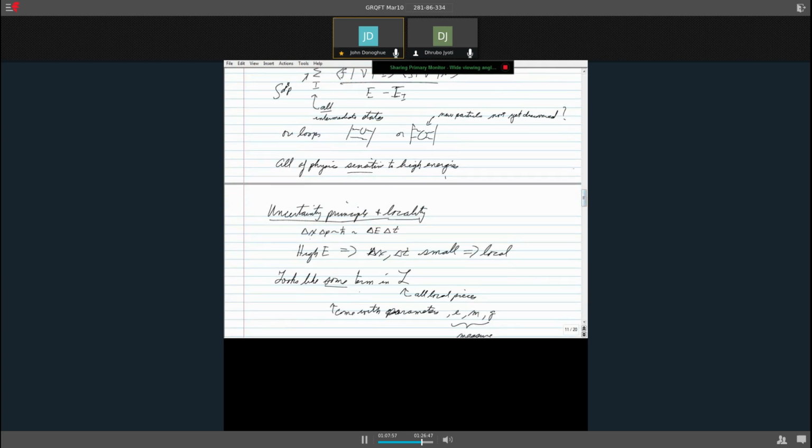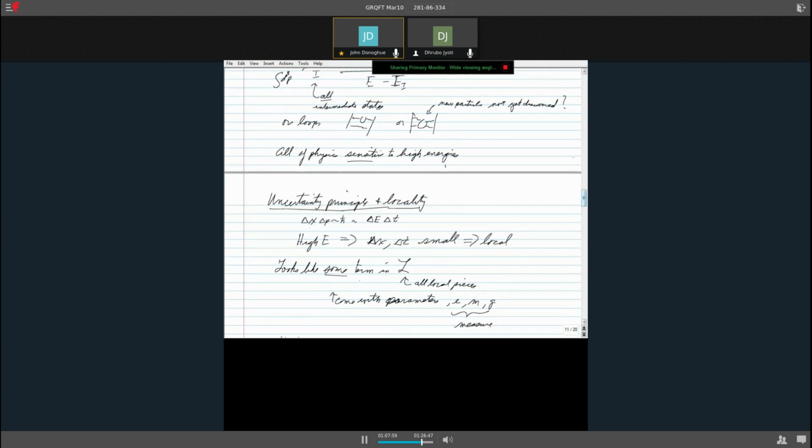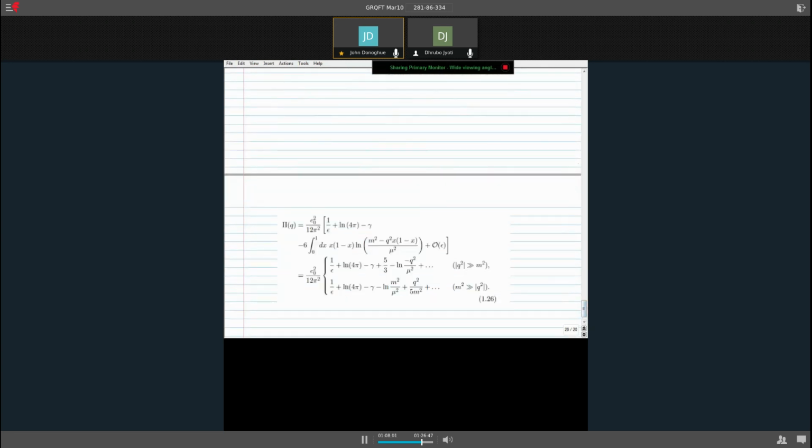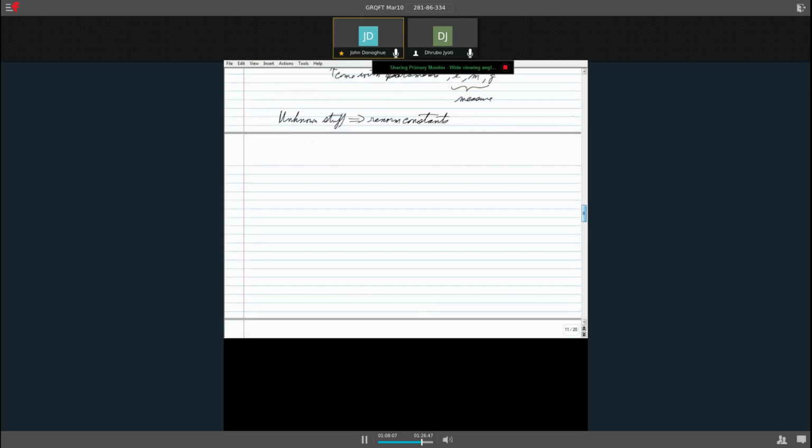Delta x, delta t small, which implies it's local. And if it's local, it looks like some term in your Lagrangian, because the Lagrangian contains all the local pieces that you're interested in.